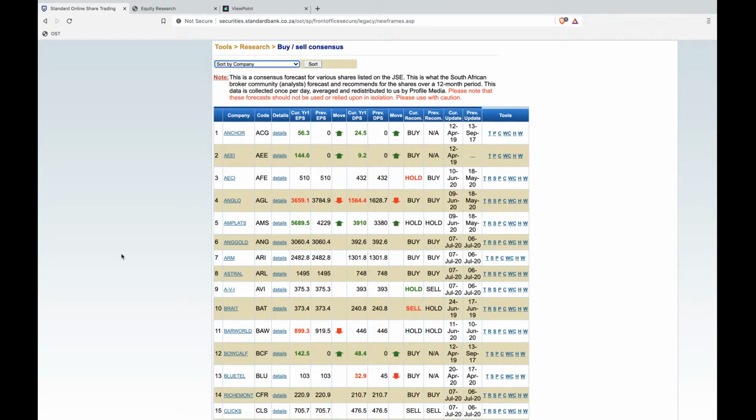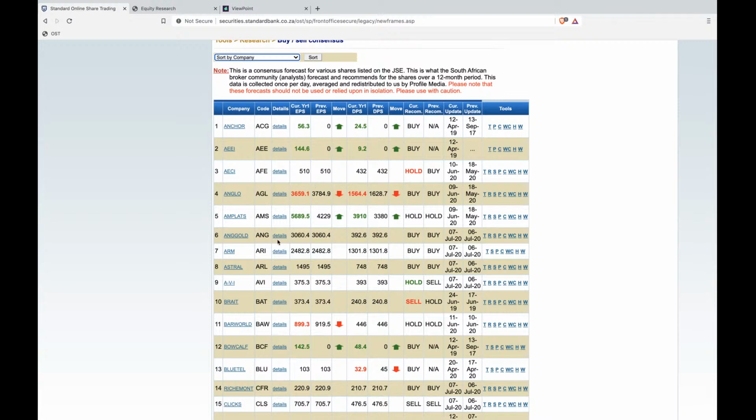Currently by company, so therefore it is alphabetical. Anchor code, the company details, current, one year expected, previous, there wasn't a dividend. So in the case of Anchor, there hasn't been a previous. Current recommendation is a buy from Anchor. AEEI and then AECI, which is Afrox.